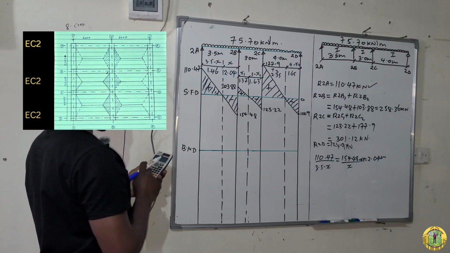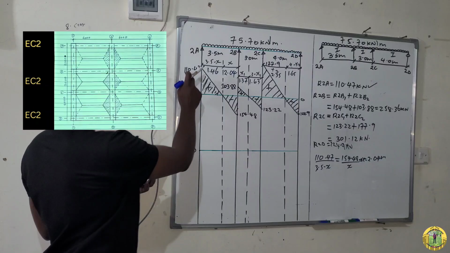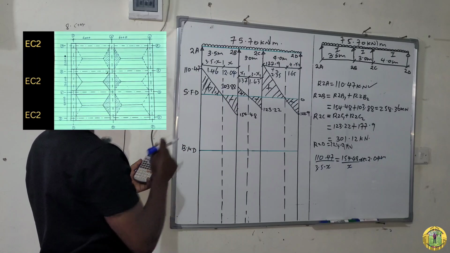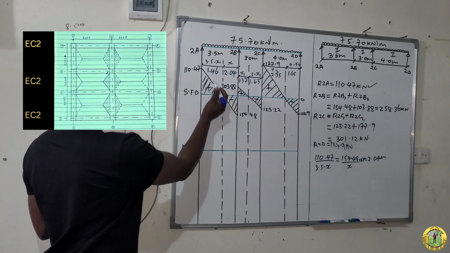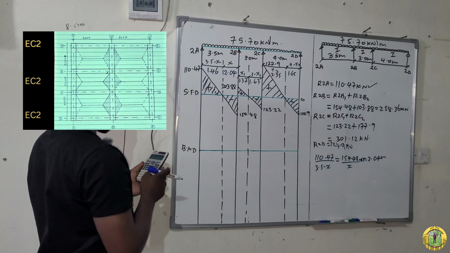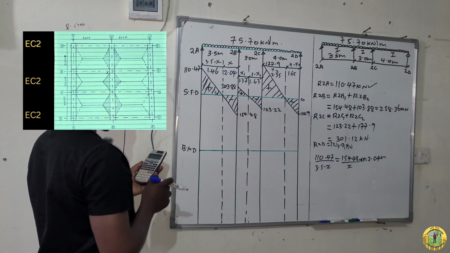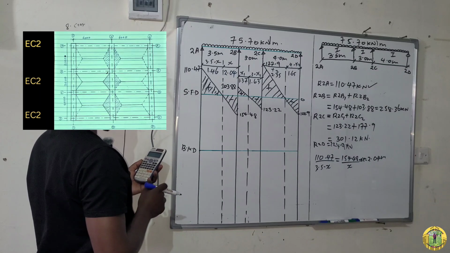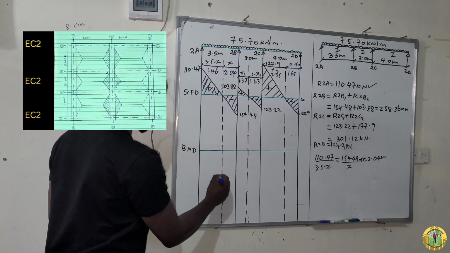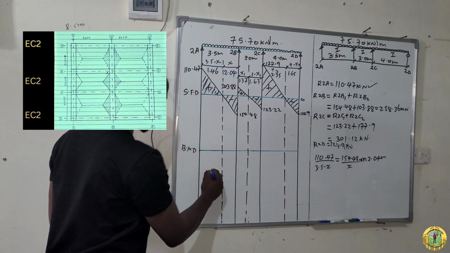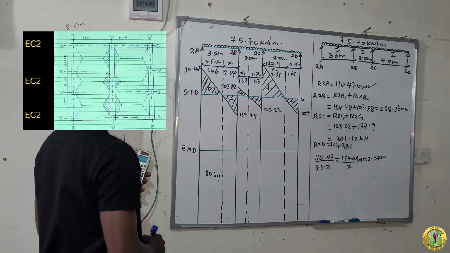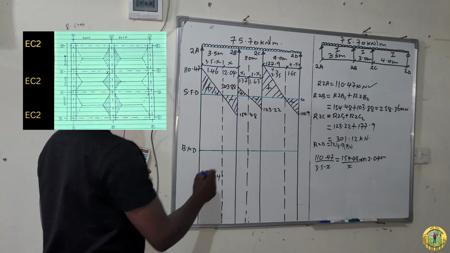So 0.5 times 110.47 times base, which is 1.46. So this is 80.64, which is positive.